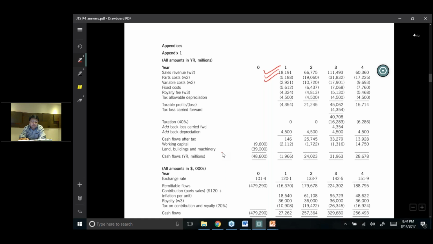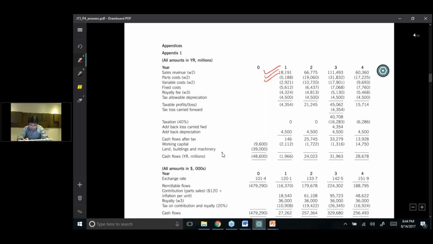So you cannot claim this loss against the year 2 profit, because in year 1 and year 2 there is no tax. So we carry forward this loss against the year 3 profit. So year 3 profit will be reduced and you have to pay lower tax.